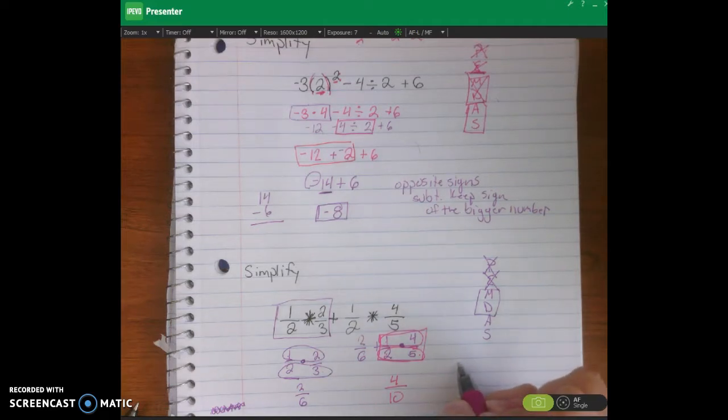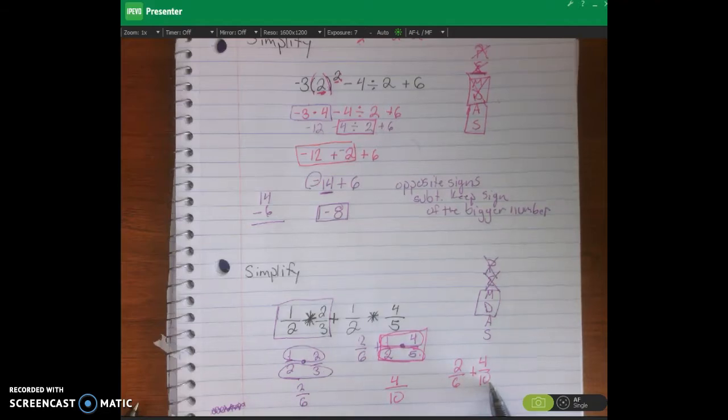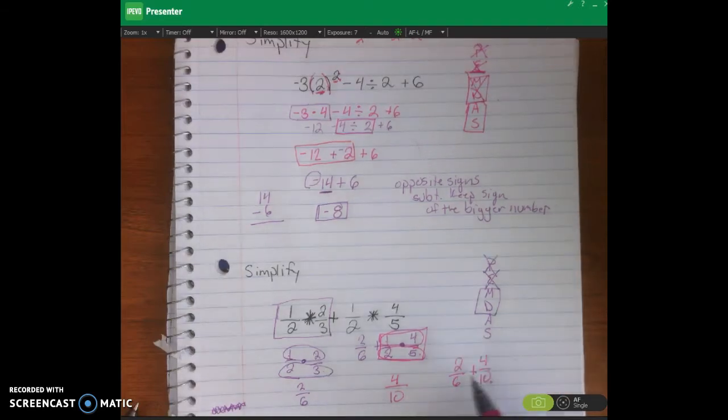And we have 2/6 plus 4/10. Now, I haven't simplified these fractions, so let's go ahead and simplify them and see if that helps us add them together better. So we can simplify 2 and 6. A common factor for both 2 and 6 is 2.